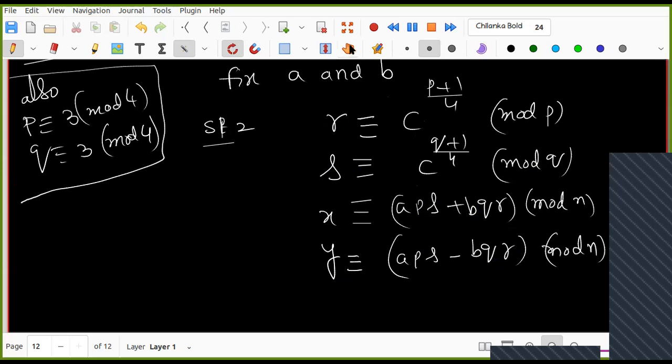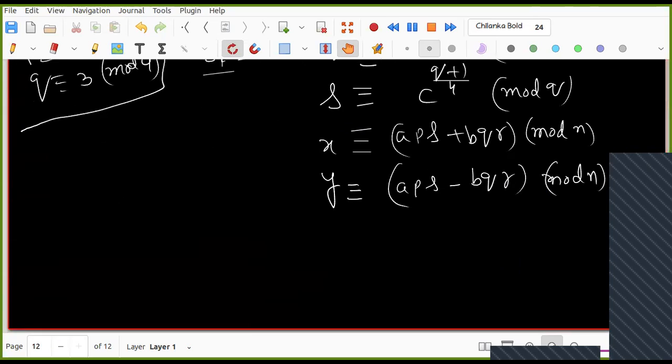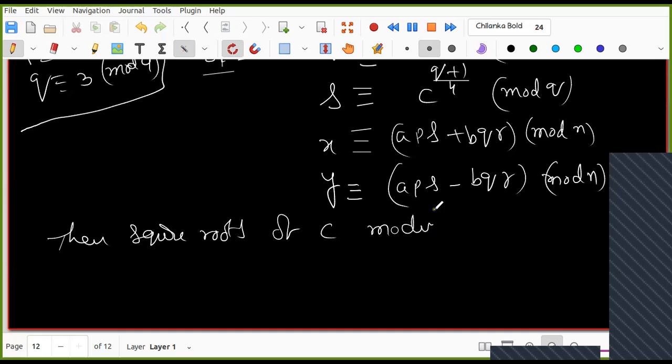Now, once we have these four, the square roots of C modulo N are X, minus X, Y, minus Y.